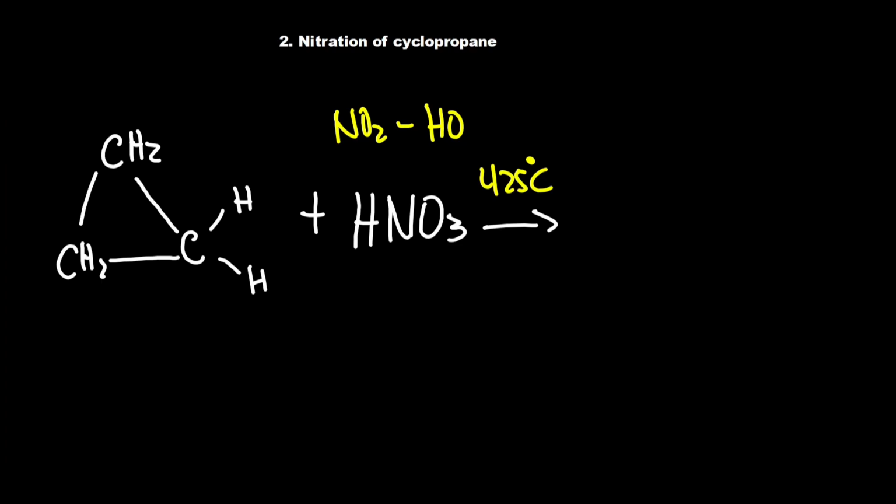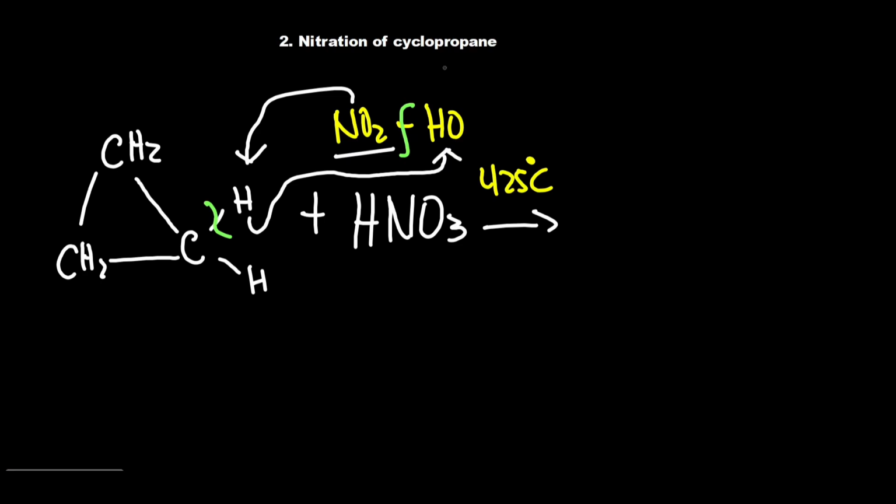And so by reacting this in a vapor state, the NO2 and HO bond would break, and the C-H bond here would break, and thus NO2 would replace the hydrogen that's been broken, and the replaced hydrogen would react with HO, which leaves you with something like this. We can put this as CH dash NO2.